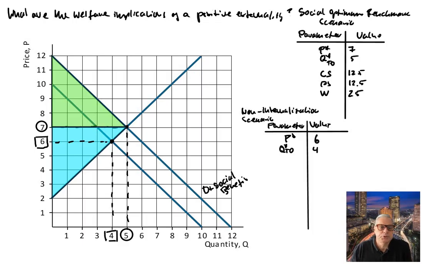How big is producer surplus? Producer surplus is now only this area here.